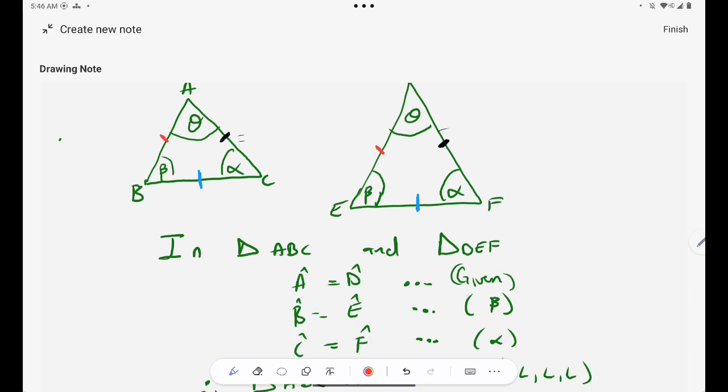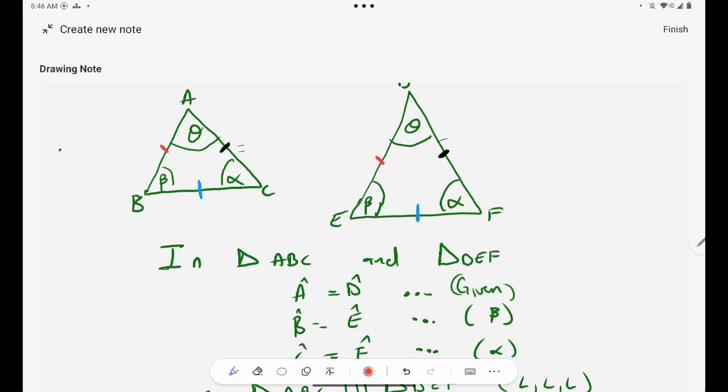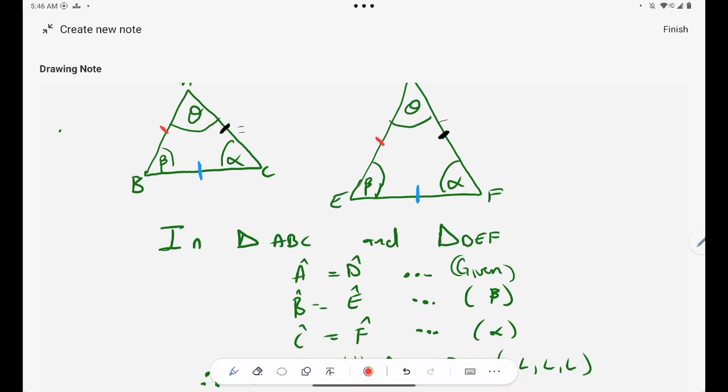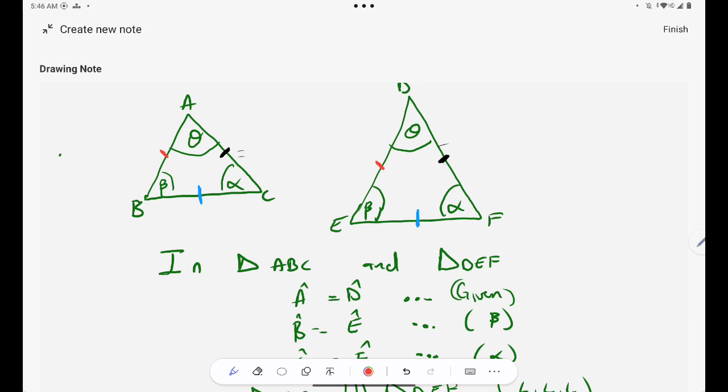Okay, but the way I teach my learners to do it is to just write here, like we focus on triangle ABC, né? Which side is subtending angle A? Angle A is subtended by BC. Which side is subtending angle B? Angle B is subtended by AC.